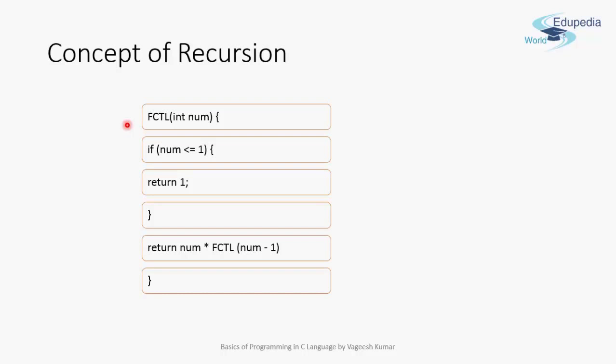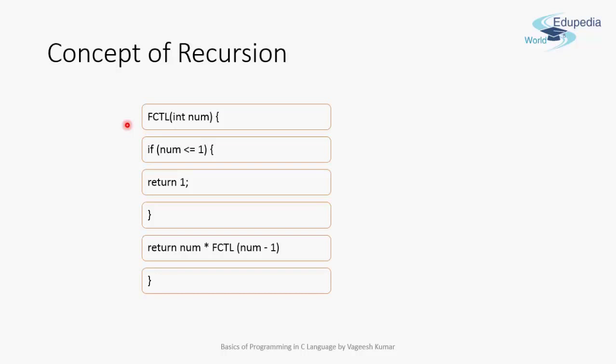Suppose we are talking about the number 5. The factorial of 5 will be 5 into 4 into 3 into 2 into 1. So all the numbers from 1 to 5, you multiply them and then you get the factorial of 5. Factorial of 10 would be 1 multiplied by 2 multiplied by 3, and so on up till 10. So that is what factorial means.